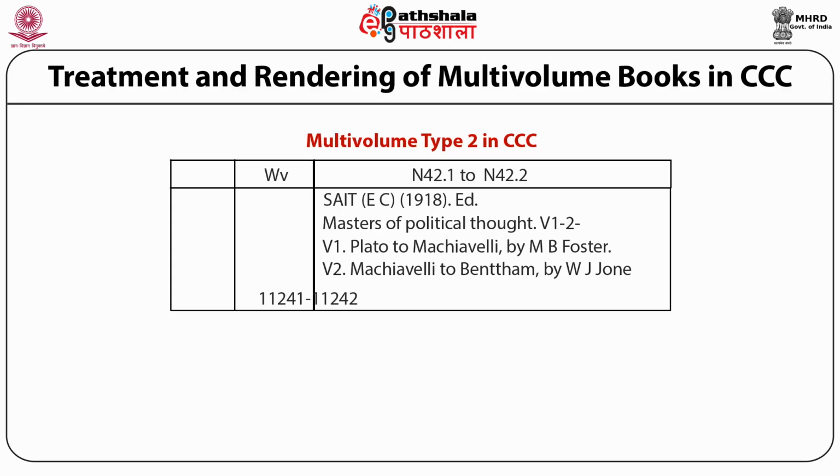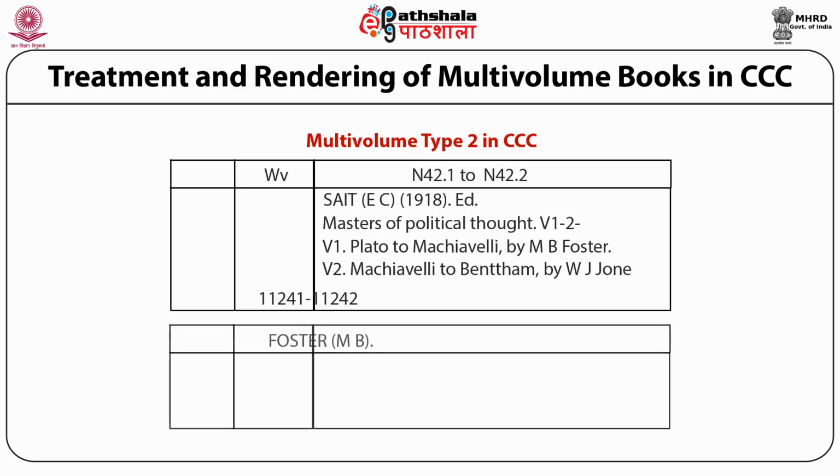A second entry is prepared for the author of volume 1. The name of the author of volume 1 is Foster M.B. It is recorded in the leading section as per rules. In the second section, the entry element of the editor set, ed underlined, colon, title of the book Masters of Political Thought is recorded.